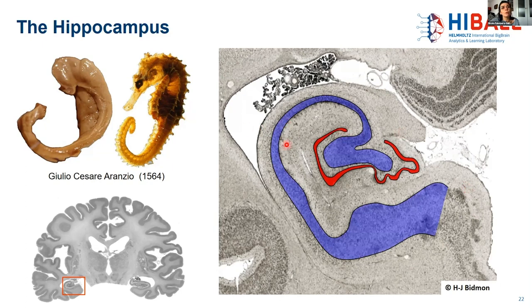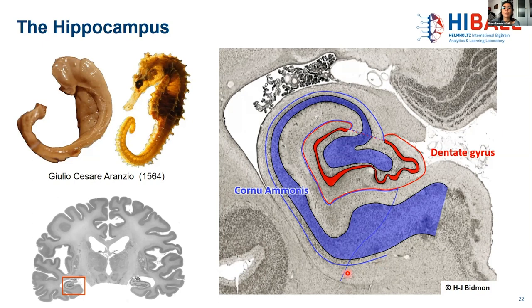Okay, so we've got a small letter C and a capital letter C, and the small letter C is located on the dentate gyrus, and the capital C is part of the so-called corno ammonis region. And these colored lines highlight the different layers within the hippocampus.